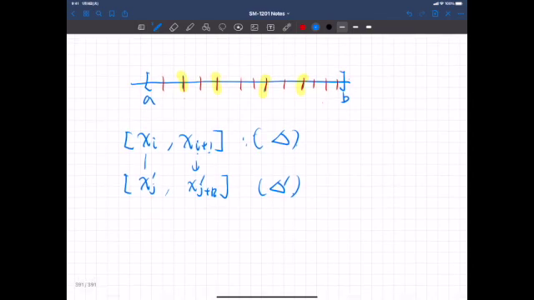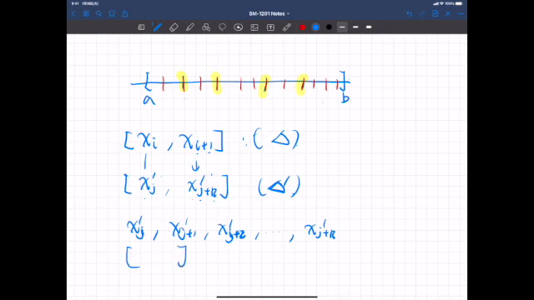But between xj prime and xj plus k prime, there are in general some more points in delta prime. So we might have points like xj prime, xj plus 1 prime, xj plus 2 prime, and so on, and xj plus k prime. So we have more subintervals between these 2 points.